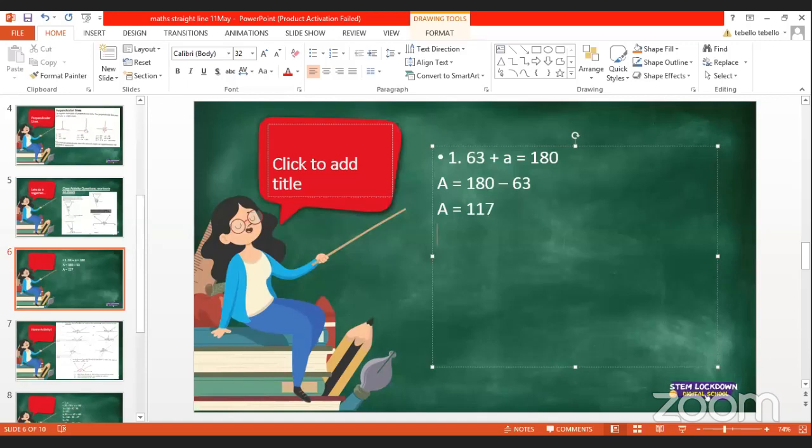So our reason will be our straight line. This is our reason, guys. Our straight line is 180 degrees.